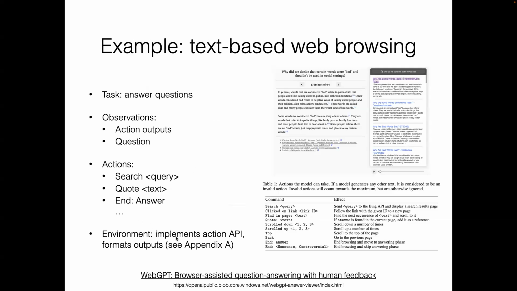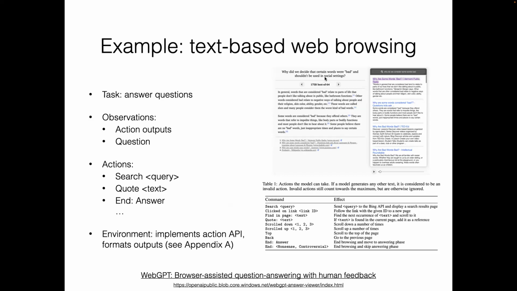I apologize, I put a lot of information on these slides, but let me just talk through this one. This one's pretty interesting and it's from a few years ago from OpenAI, called WebGPT. Although this one isn't doing research like I was telling you about before, the idea is somewhat similar. Here they're trying to answer questions like, why did we decide that certain words were bad and shouldn't be used in social settings?